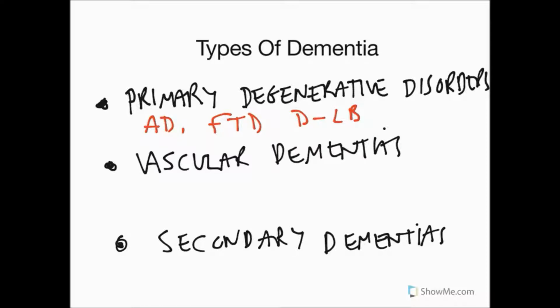With these we tend to find that they either affect the large vessels, which are supplying areas of brain, in which case we get what's known as multi-infarct dementia, or we can get problems associated with the smaller vessels, the perforating vessels, and in that sense we can sometimes get what's known as TIAs, which are transient ischemic attacks, which are periods of time when the brain is starved of the oxygen and nutrients that it needs, and therefore we see symptoms as a result of that.